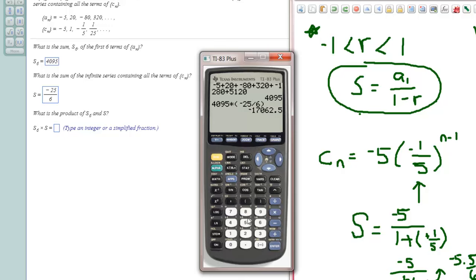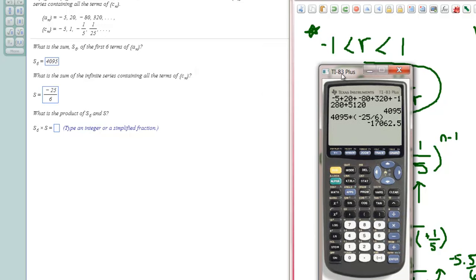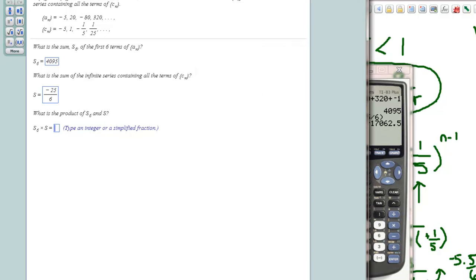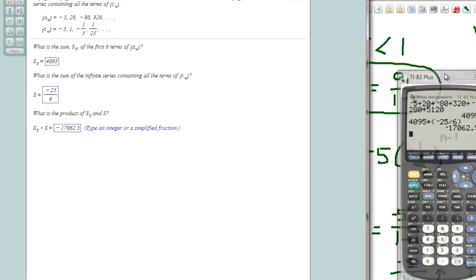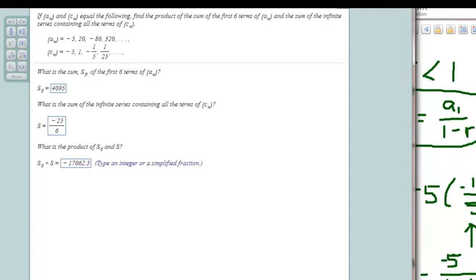And we end up with, oh my goodness, negative 17,062.5. There we go. Good to go. All right, let's keep moving.